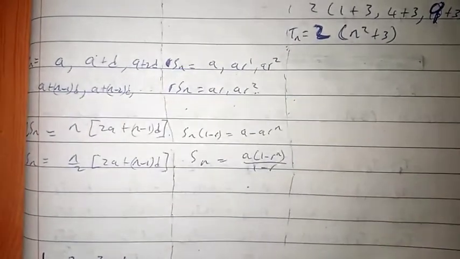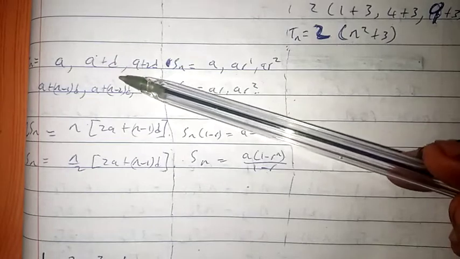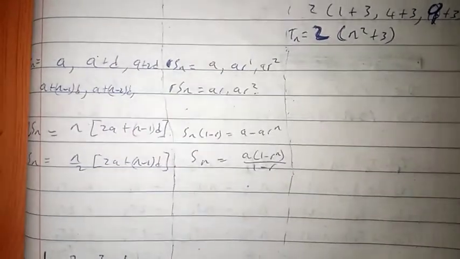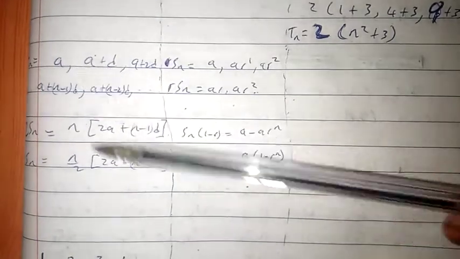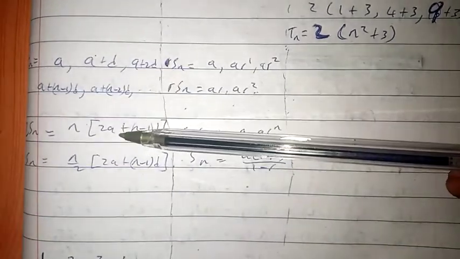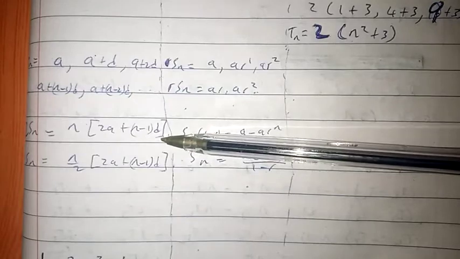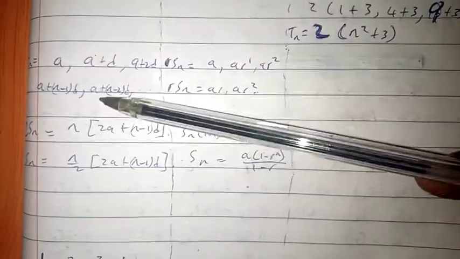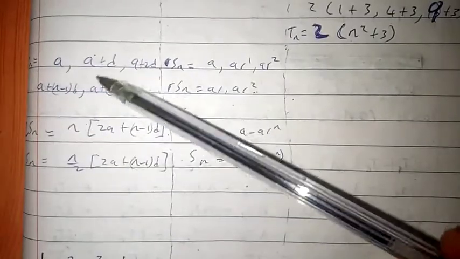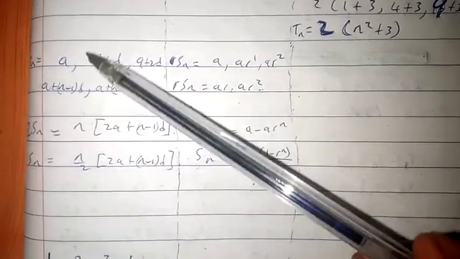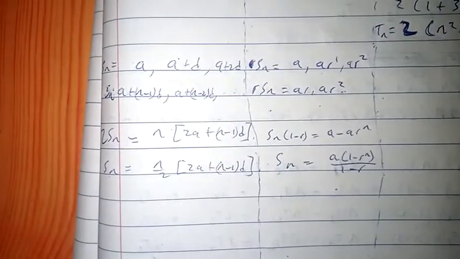And then what you observe is when you add these two together, you basically get a constant term being recurrent, which is 2a plus n minus 1 d. So each of these will become 2a plus n minus 1 d. I don't want to go into this. So when you sum these two together, this also is Sn. You have 2 Sn equals this, and then you divide and get the answer.